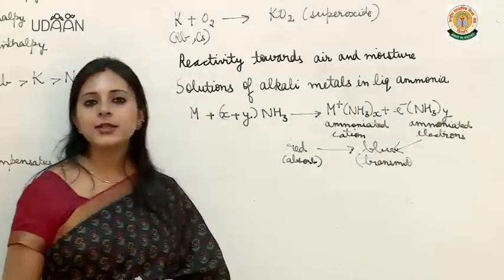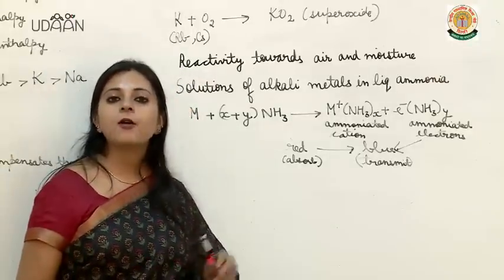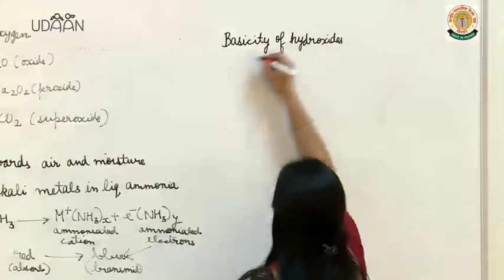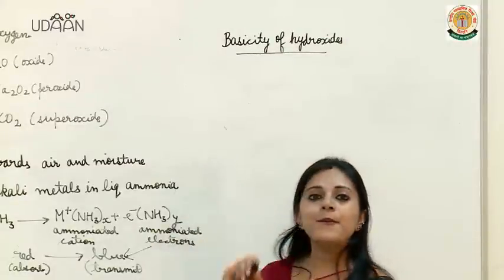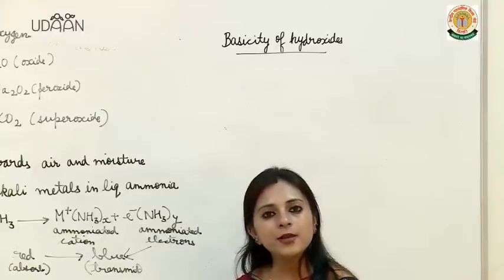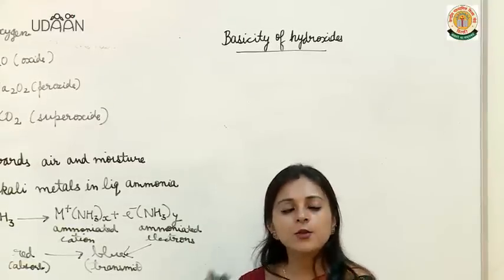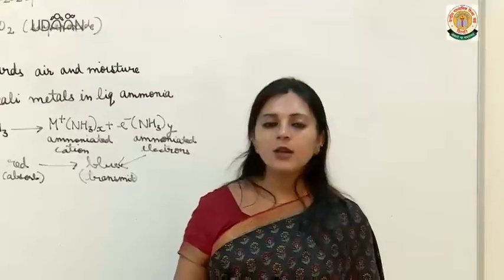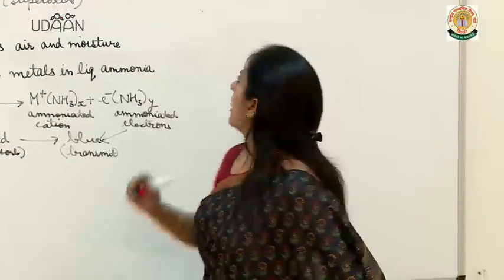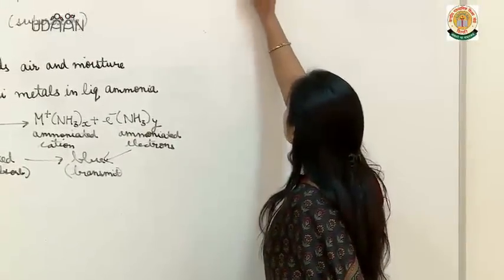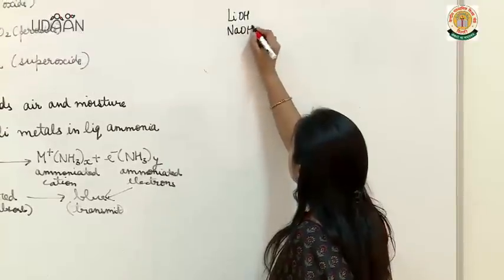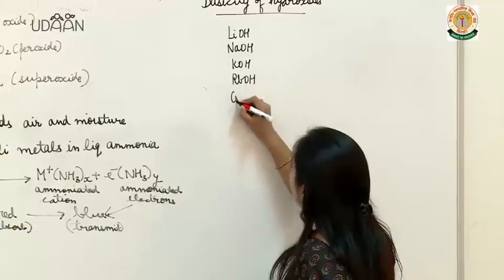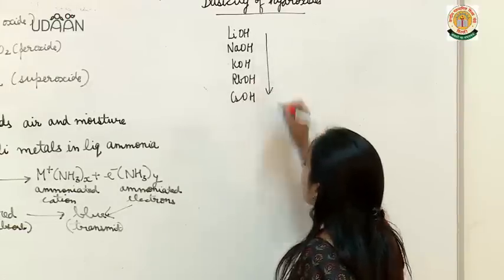Now let us understand the basicity of hydroxides of these alkali metals. Now we all know that metals form basic oxides and basic hydroxides. So what does this mean? That if the metallic character is increasing, the basicity will automatically increase. So if I say lithium hydroxide, sodium hydroxide, potassium hydroxide, rubidium hydroxide and cesium hydroxide, what is happening down the group?